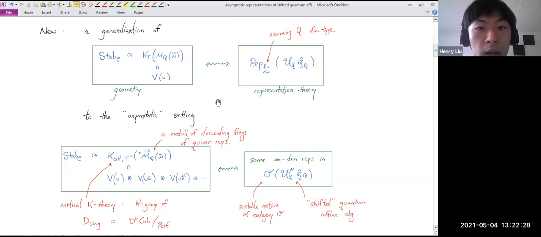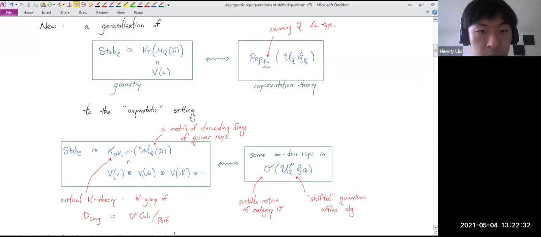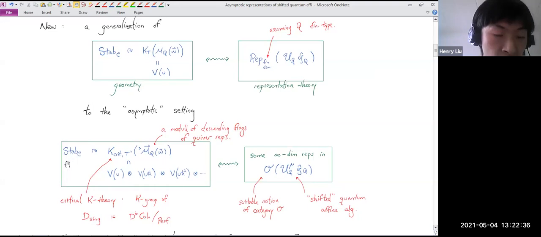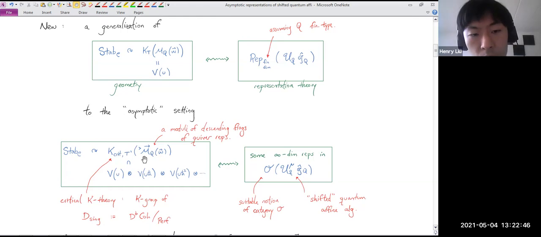And so the way we'll generalize this story is as follows. Okay, so we will end up still having stable envelopes, and they will act on a related but slightly more complicated object, which I think we may get to by the end of today.